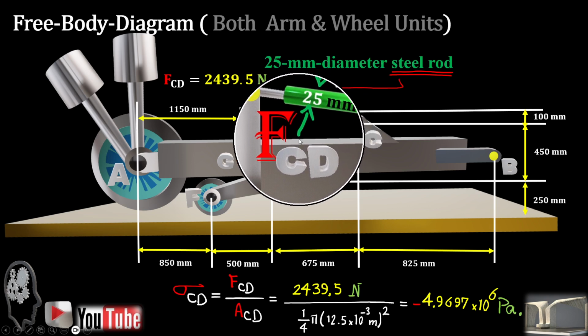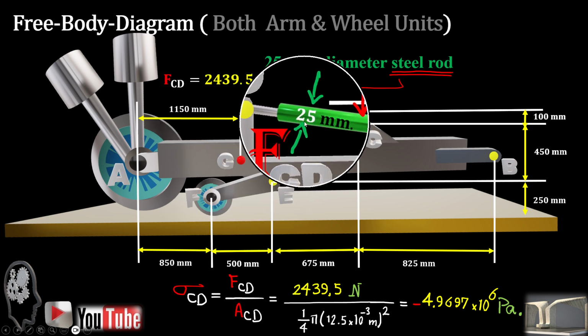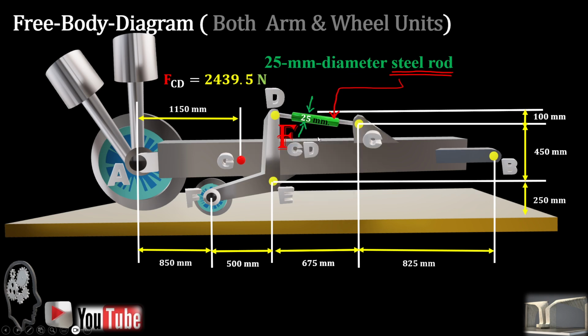FCD is known; divide that by the area, which is a 25 millimeter rod, and it gives us sigma CD, the normal stress in CD, which is compression. That's why we have it negative, negative 4.97 megapascal. We'll solve more problems related to stress calculation.